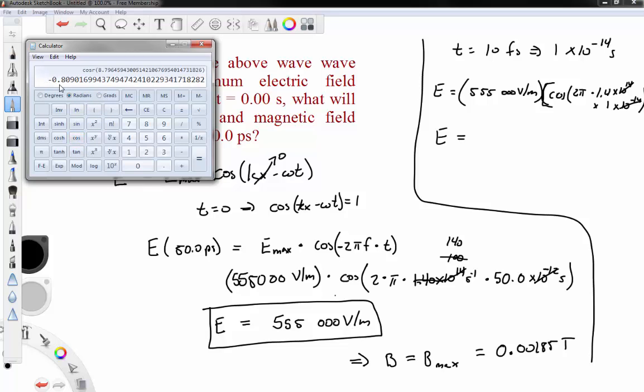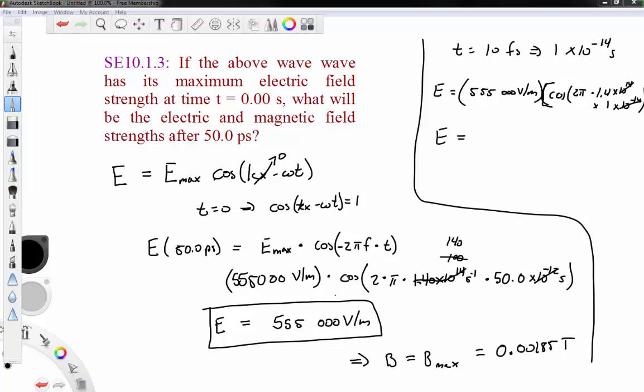And we're at negative 0.809. And so then that times 555,000 gets us this value. So E in this case would be minus 449,004, or if we're keeping significant figures, maybe 449,000.